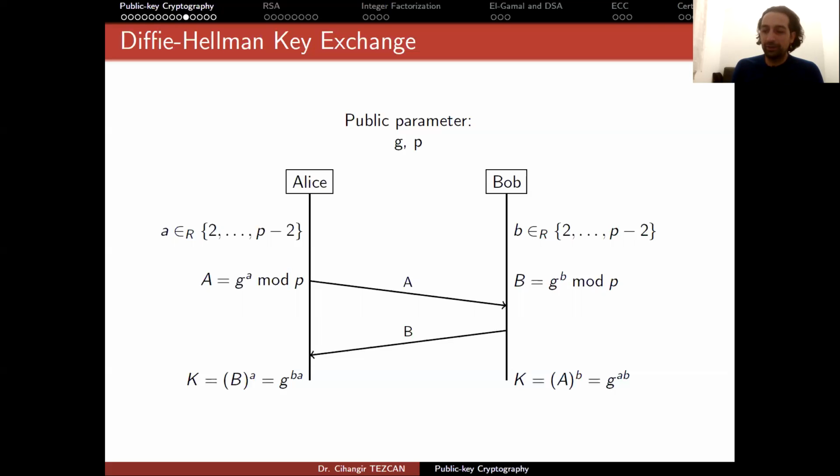So almost all of the security of our internet communication depends on this key exchange algorithm and the hardness of the discrete logarithm problem. If you can solve this problem in a very fast way, then you can break almost every key exchange between servers and clients and so on.